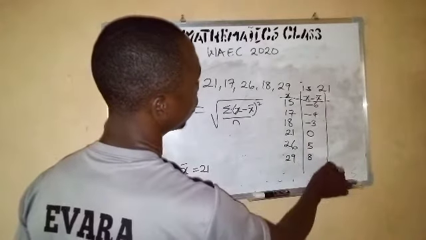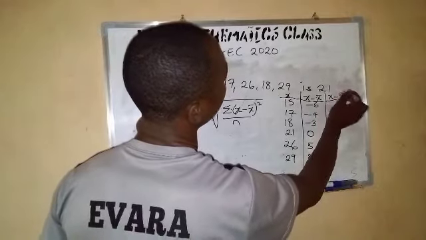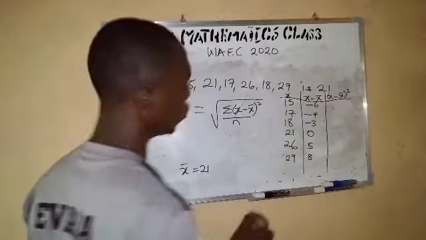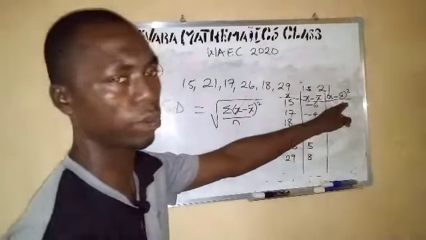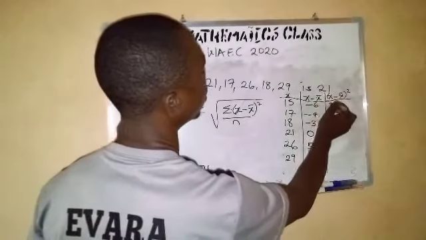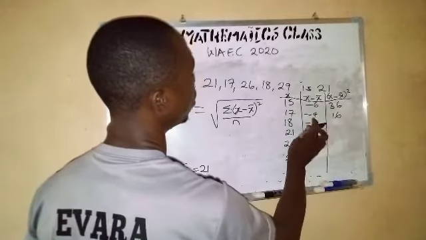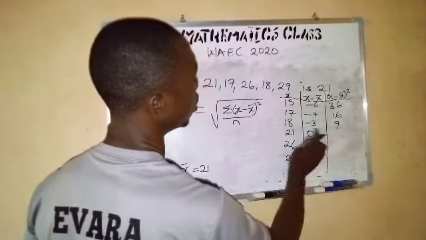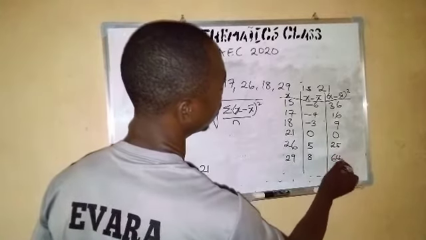So the next thing for us to do is to square the values that we have. All these values here, we'll find the square and write the solution. Minus 6 squared is 36. Minus 4 squared, 16. Minus 3 squared, 9. 0, 25. This is 64.